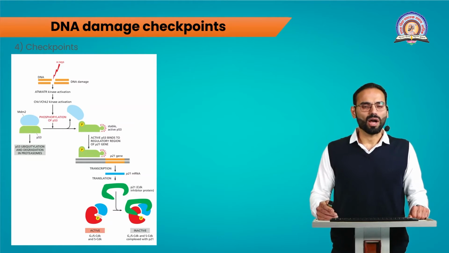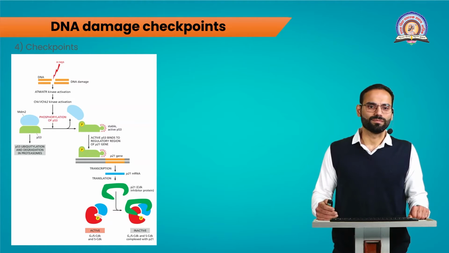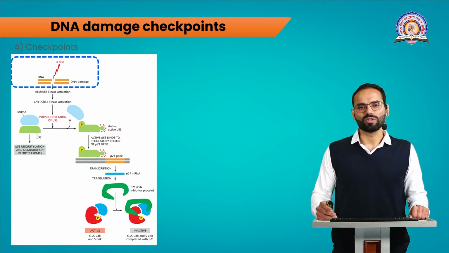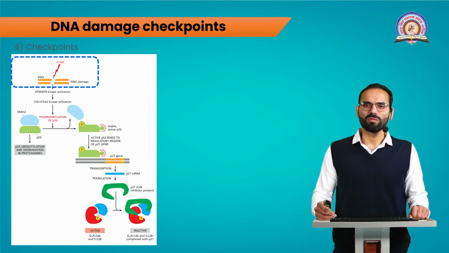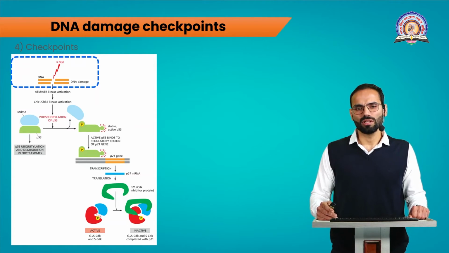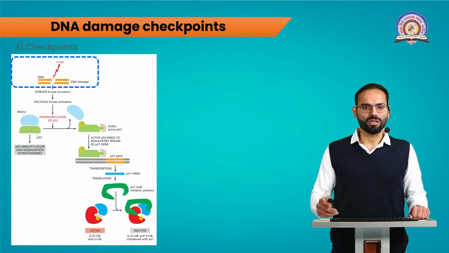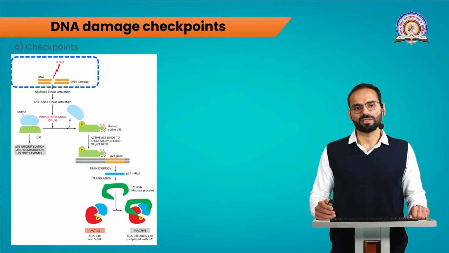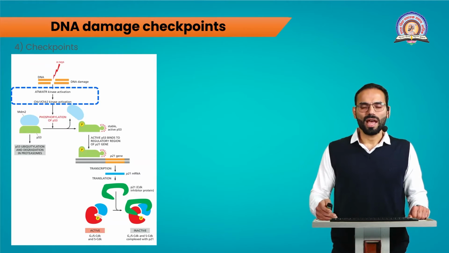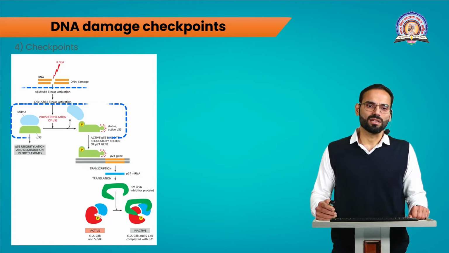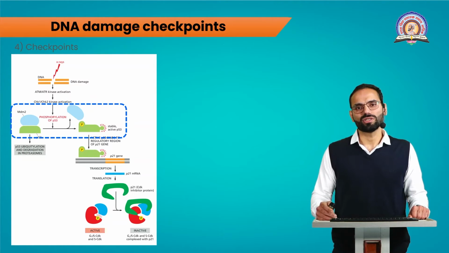Let's see how exactly it gets activated. Double-stranded breaks, which are normally formed because of radiation or different endogenous cellular events, lead to activation of ATM and ATR kinases. This ATM and ATR kinase in turn activate the CHEK1 and CHEK2 kinases. CHEK1 and CHEK2 result in phosphorylation of the MDM2 protein.